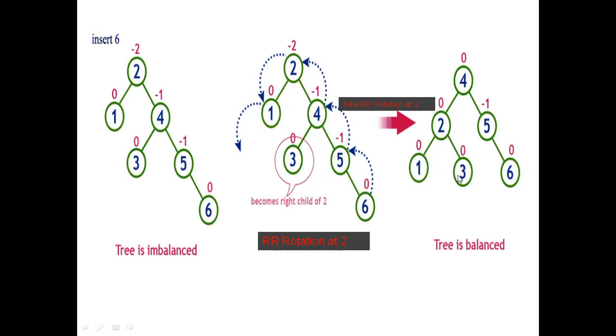In some books and in some video channels, they have imposed it as a rule: if you are going to move and it has a left child, it is going to get this place itself. If you want to understand it by using that kind of rule, you can. Okay, so this is the basic concept.